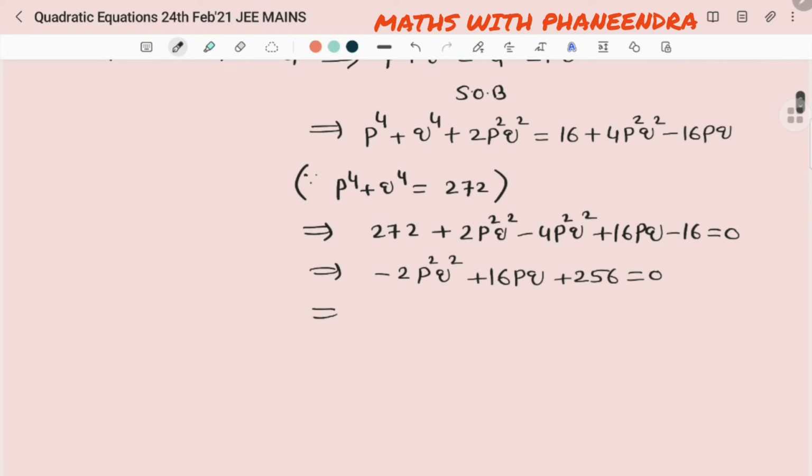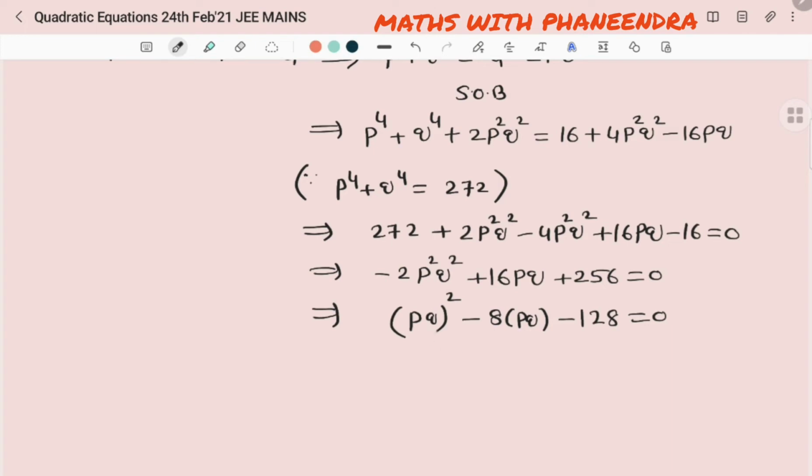Here dividing by minus 2, it becomes P square Q square, that is PQ whole square, minus 8 into PQ minus 128. 128 twos are 256.